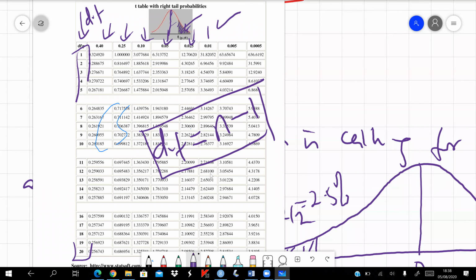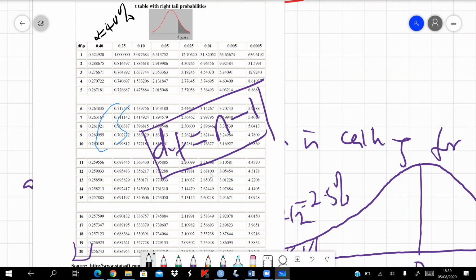These are the different values of alpha that you can use. The first one is an alpha of 40%, which is very unlikely. We almost never use 25%. An alpha of 10%, we use sometimes. An alpha of 5% is quite widely used.